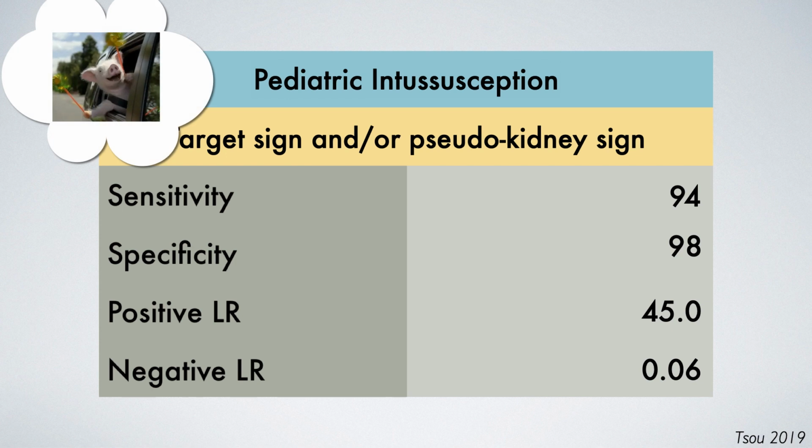So unlike appendicitis, if we do not see intussusception, you can feel fairly confident that that's not the cause of your symptoms. However, if you had very high pre-test probability and suspicion for intussusception, you probably will want to consider additional evaluation by radiology.